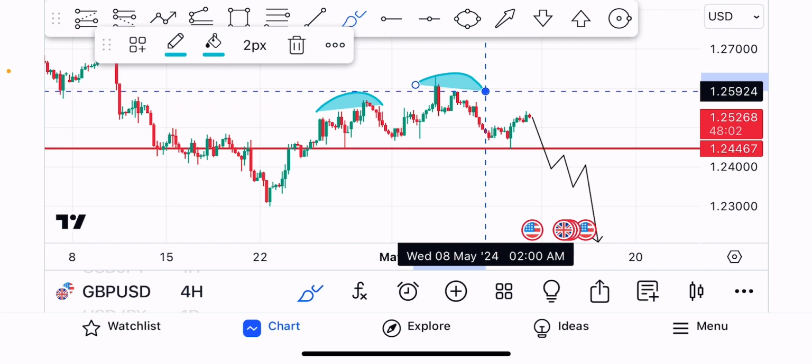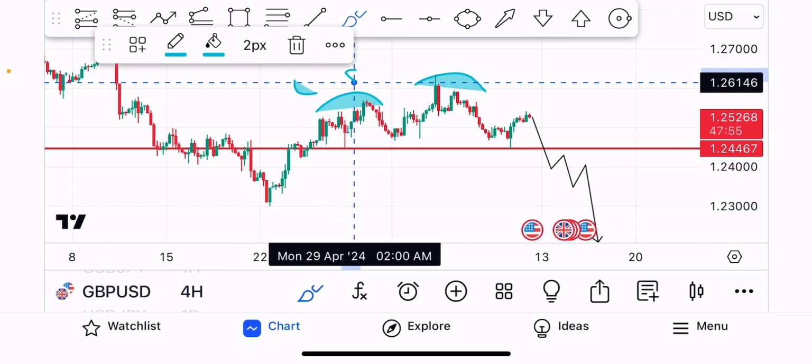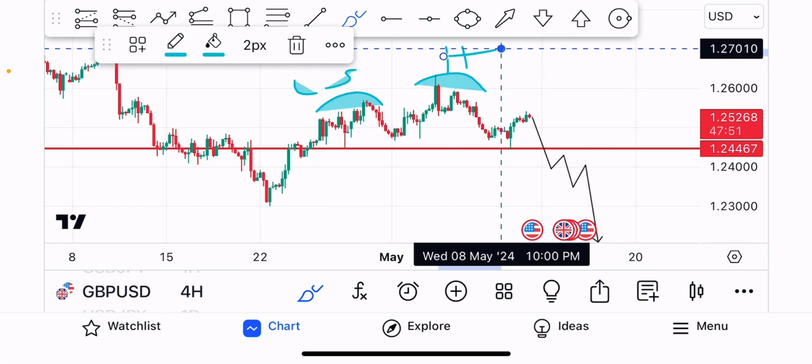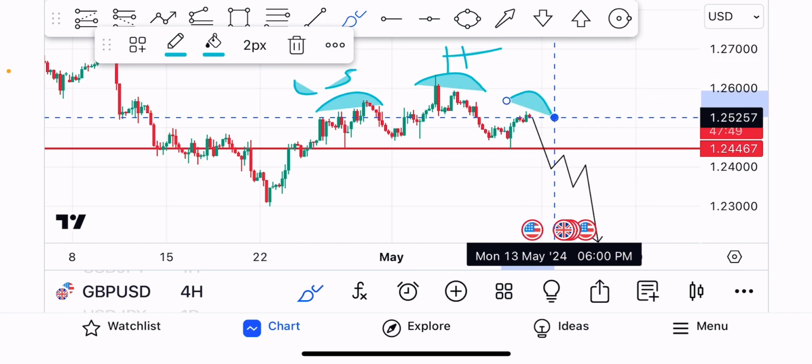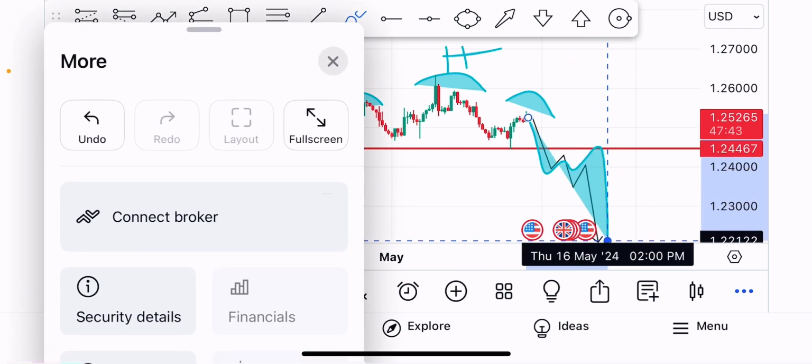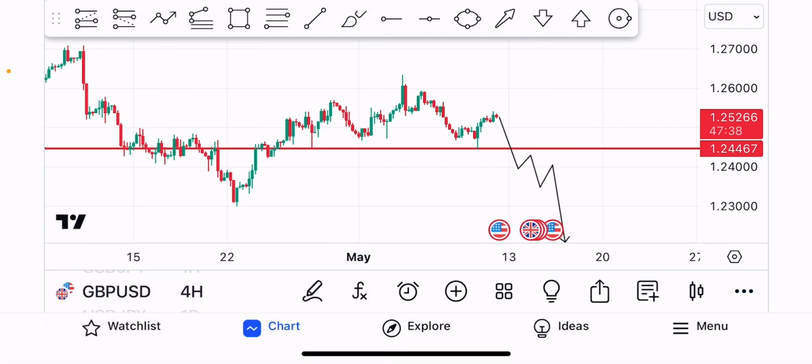So seeing a pattern that looks like a head and shoulders, this is the left shoulder, this is the head, and this is currently the right shoulder that is being formed. Once we get a break below the neckline, from here more bearish price action could be envisaged in this market.